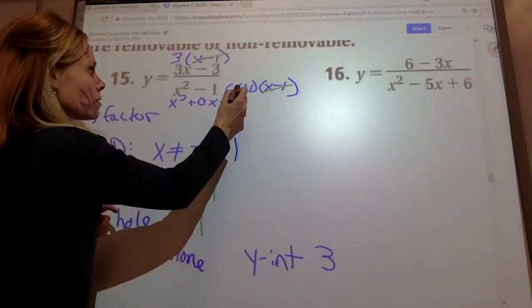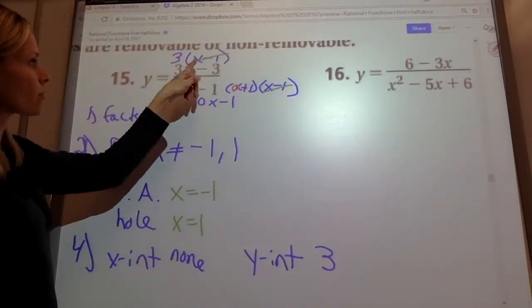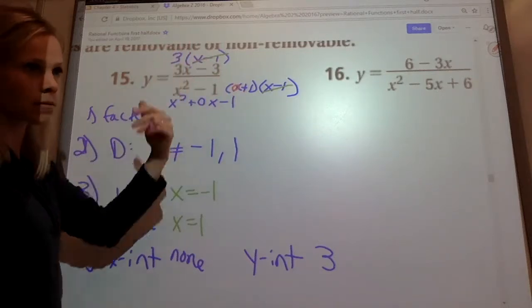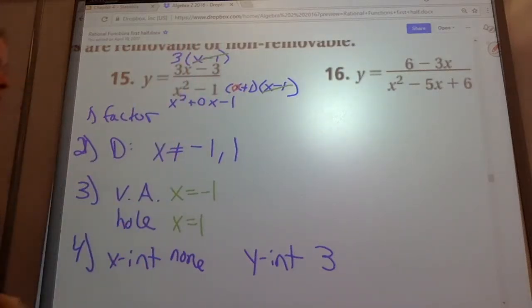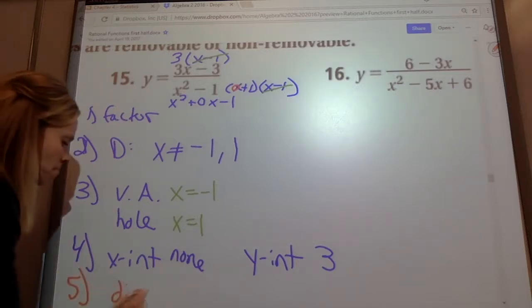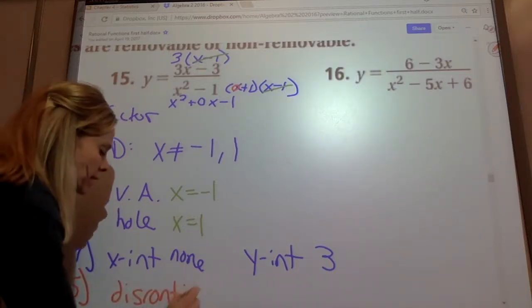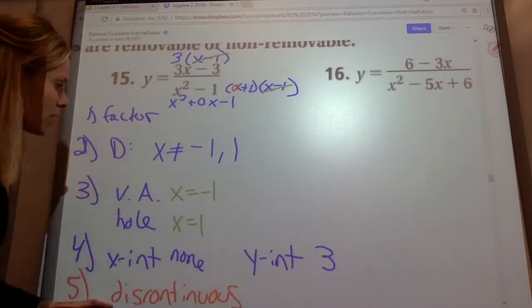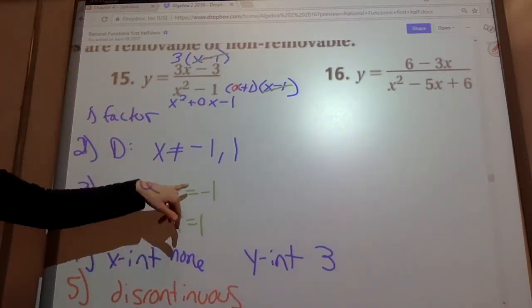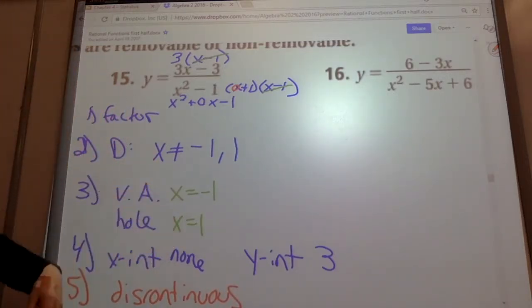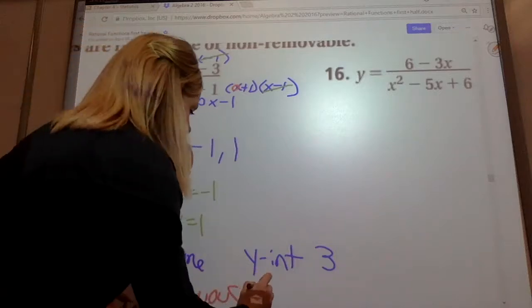Because you're going to put 0 in for the x here and solve. 3 divided by 0 plus 1, 3. Would this be continuous or discontinuous? Discontinuous because whenever you have holes in vertical asymptotes, that's discontinuous. And this one would actually be removable and non-removable because we have both.